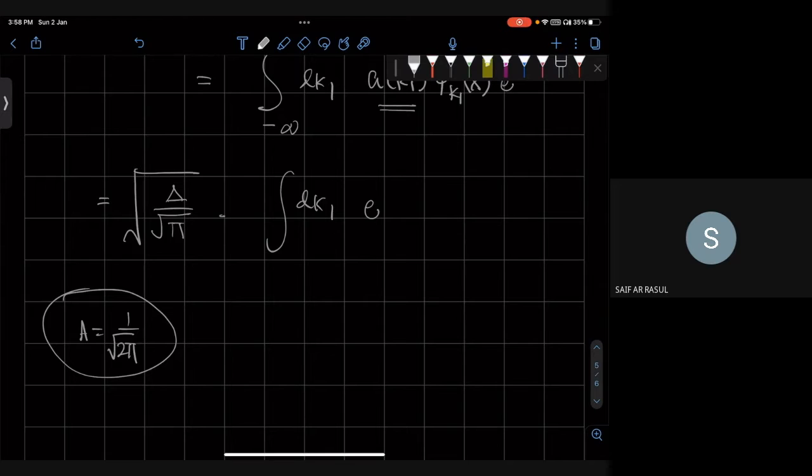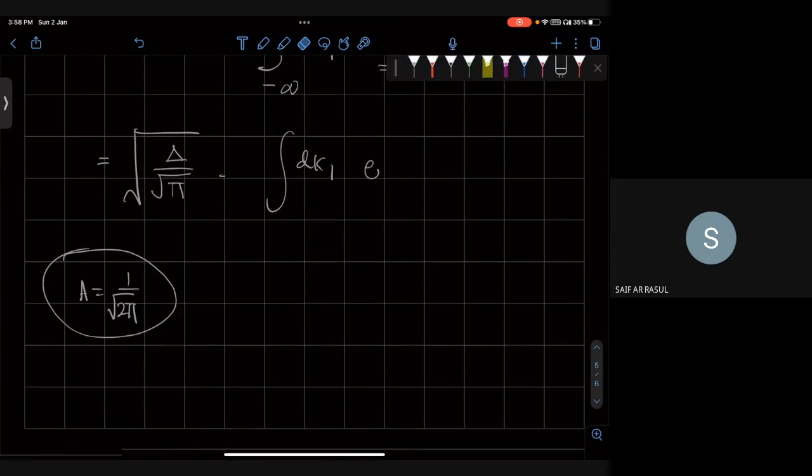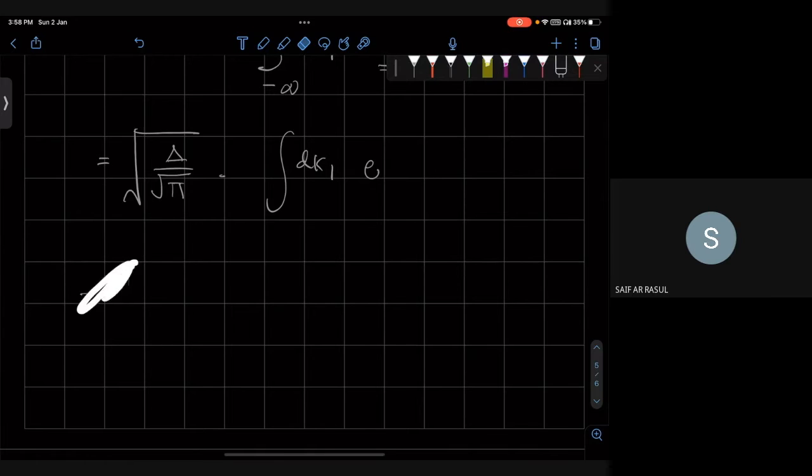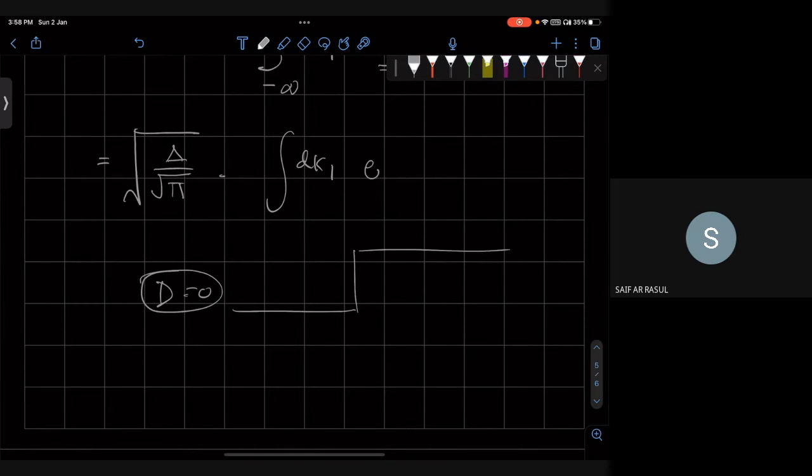If you remember, what we did is that we set d equal to 0, and that had to do with the fact that on the right side of the step potential, we don't expect a wave going to the left.